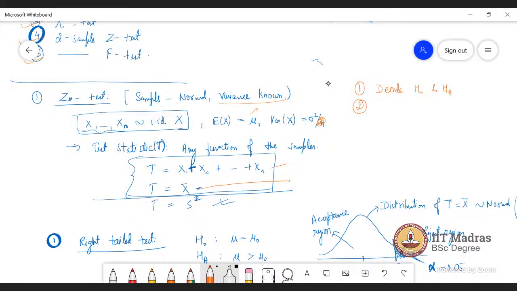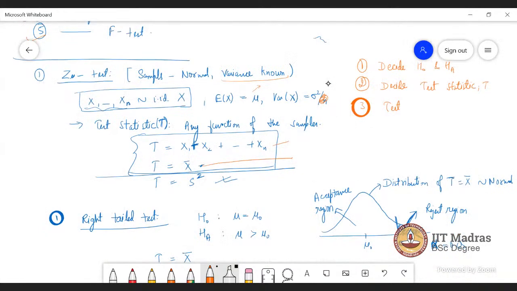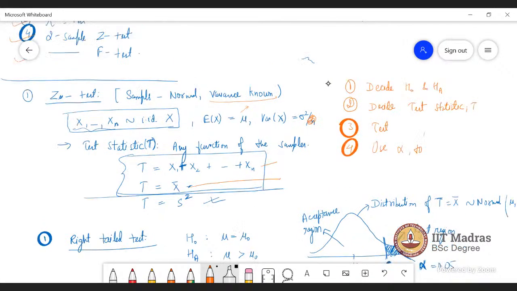Second is you decide your test statistic, T. And the third is what is the test that you're going to use? Like in what condition you are going to reject the null hypothesis. So the third is test, and using the significance level, use alpha to find C, to find the critical value.